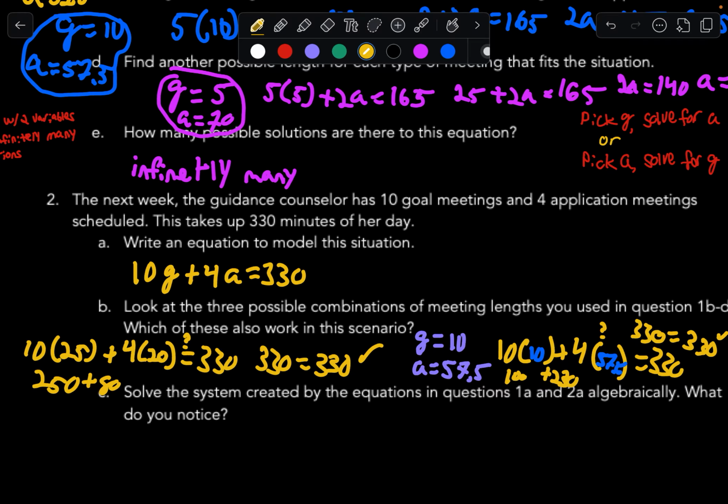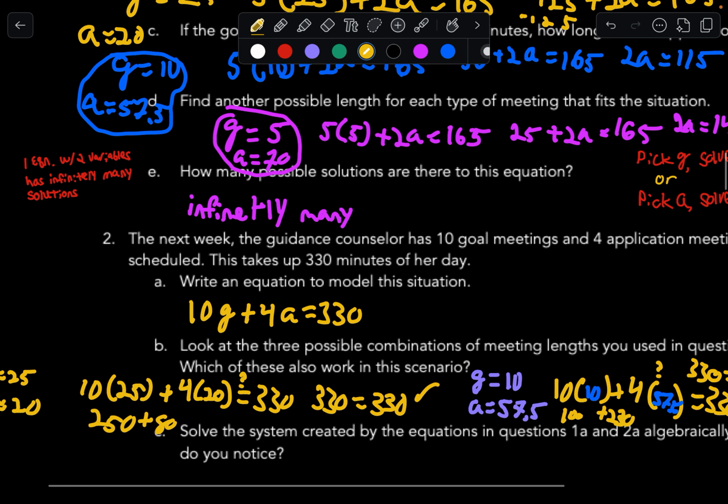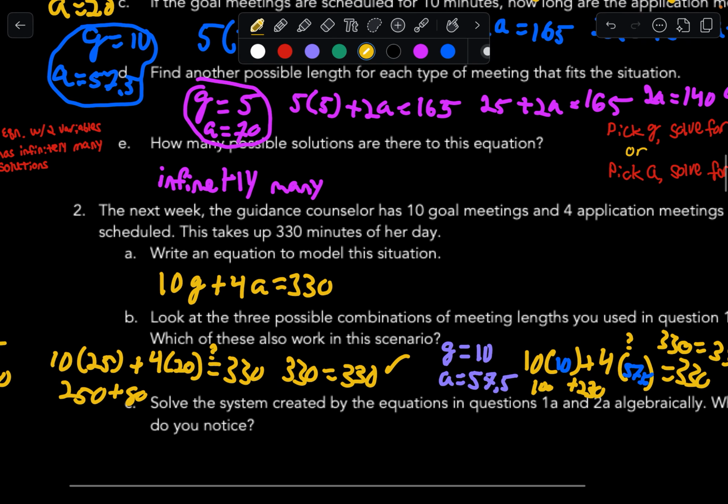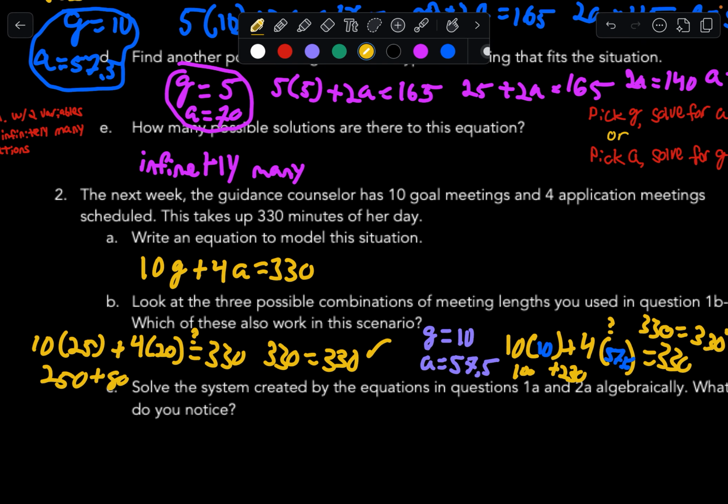All right? In the second equation. So let's try the third point, and I'll do it right here where it was g equals 5 and a equals 70. So it was 10g, so it will be 10 times 5 plus 4a, which is 4 times 70. Does that equal 330?